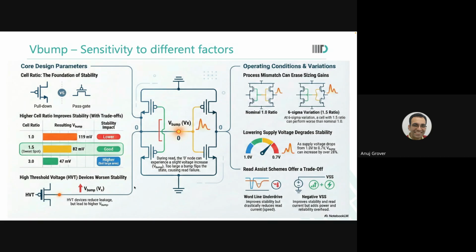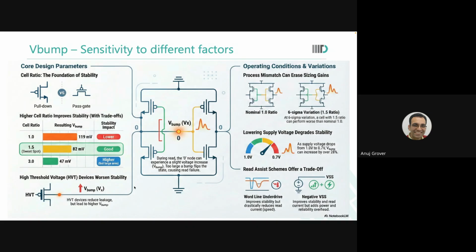So read assist schemes, in fact all assist schemes, could have some penalty because they are improving one functional parameter or another, or a performance parameter or something else. They may have an impact on something else somewhere. That is the complexity of SRAM design. Are you with me? Any questions until here?